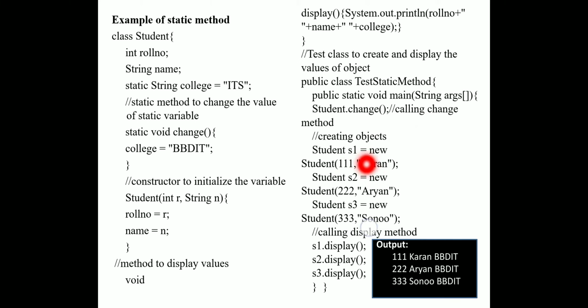Student S1 equals new Student, the values are 111 and the name is Kiran. For the second object, the roll number is 222 and the name is Aryan. For the third also, roll number is 333, name is Sonu.